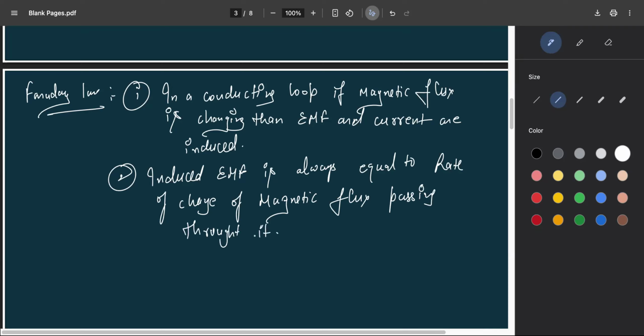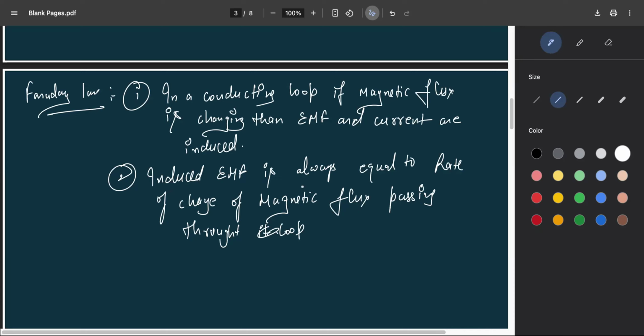Now just think of it once. Let's go through both of the statements. The first statement says that if you have a loop and a varying magnetic field, it will generate EMF, and that will generate the current as well. The second statement says the induced EMF is equal to the rate of change of flux.